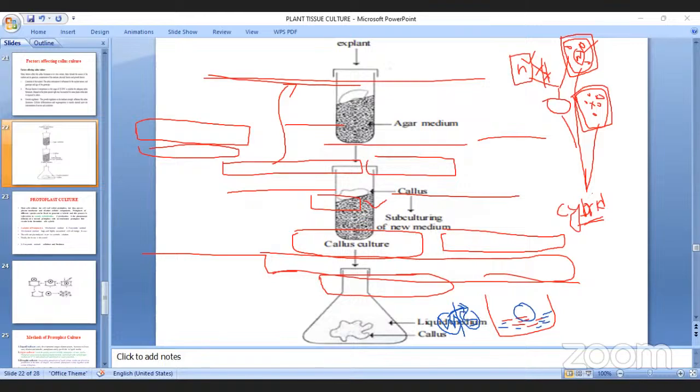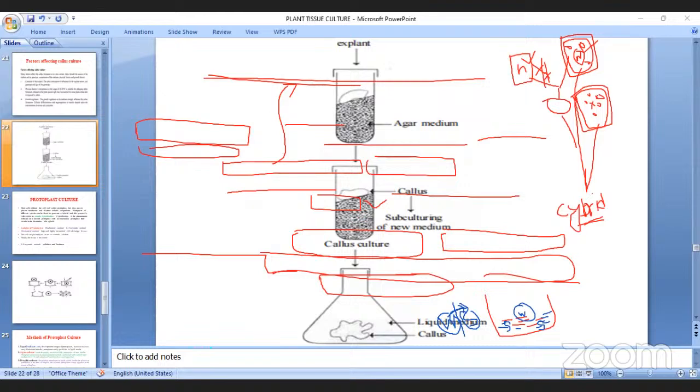Now tell me, here is high concentration, and inside the cell only low concentration. Does the cell absorb the water or release the water out?